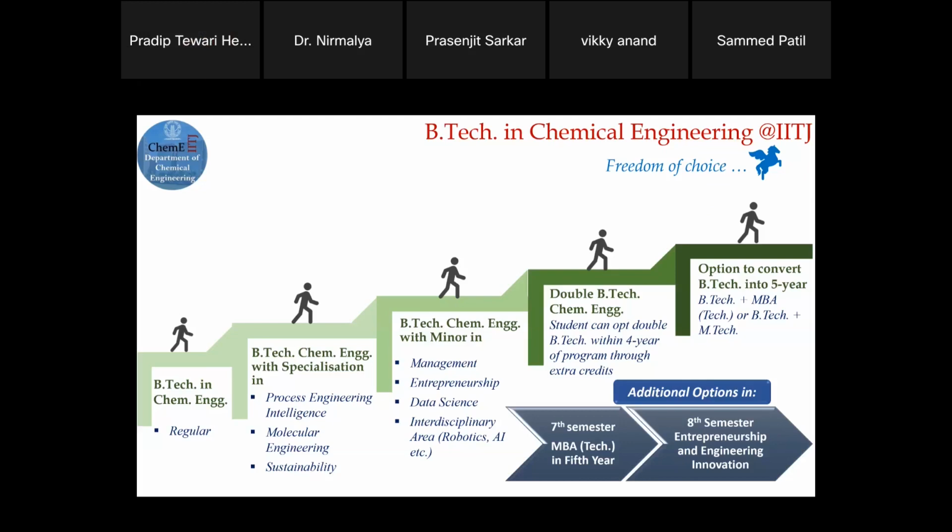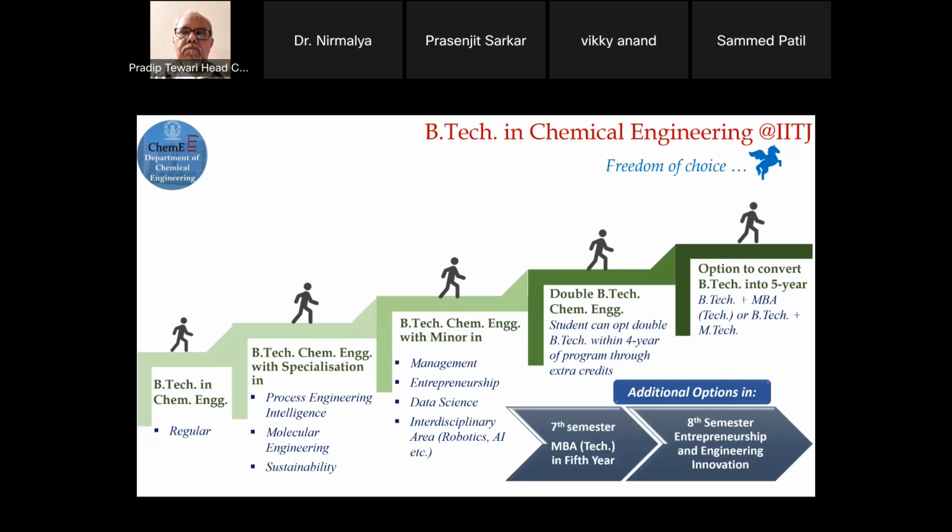To understand how the industry works, we give you industrial training, we have an industrial optimization course, and we have process control courses, which essentially tell you how the chemical industry works all around the world with different applications in mind.